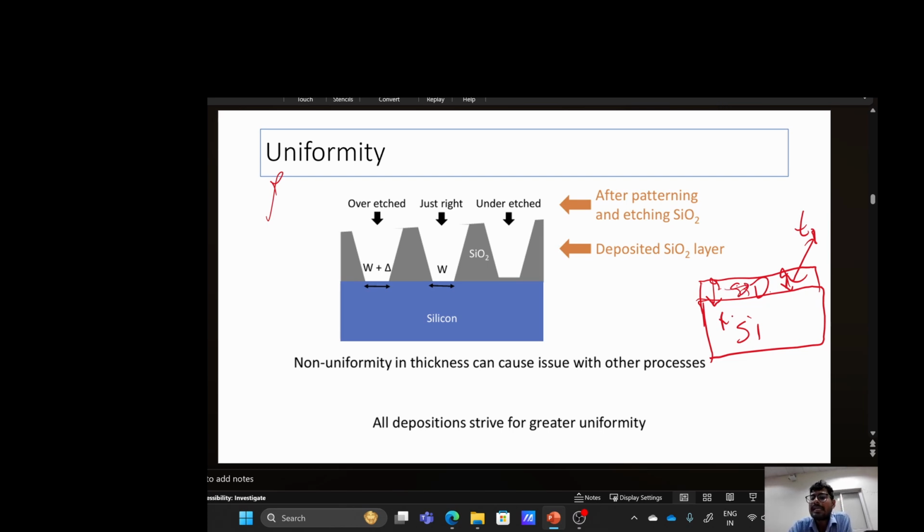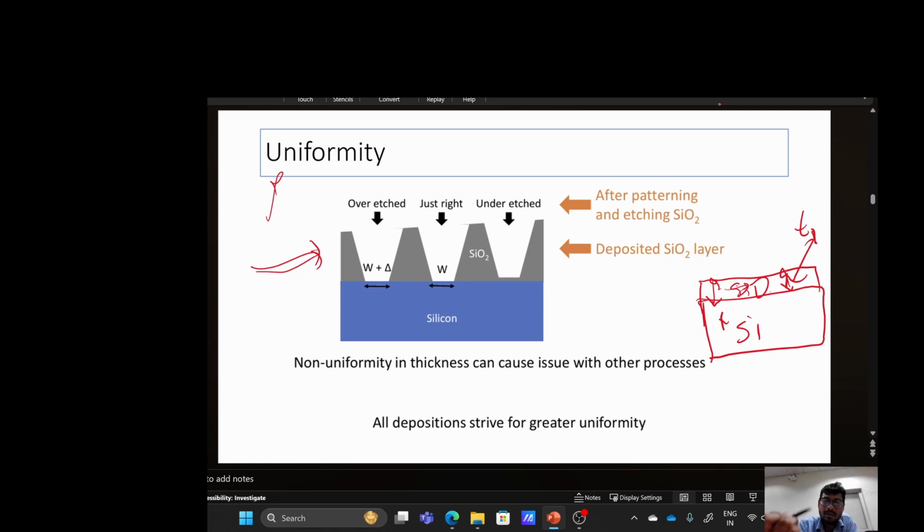We need the thickness to be the same over the whole wafer. This SiO2 thickness should be the same, otherwise in subsequent processes it won't be good for the device fabrication. We will use it in post processing, maybe lithography or some other purpose.